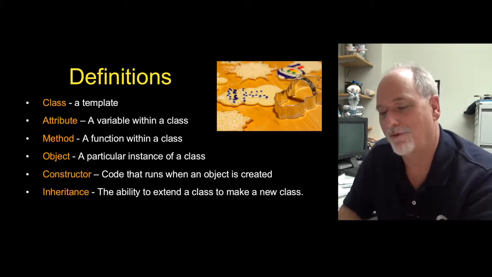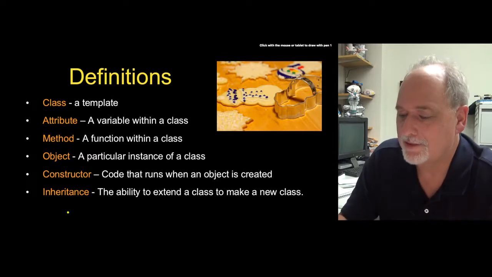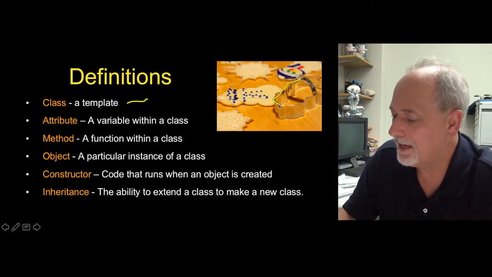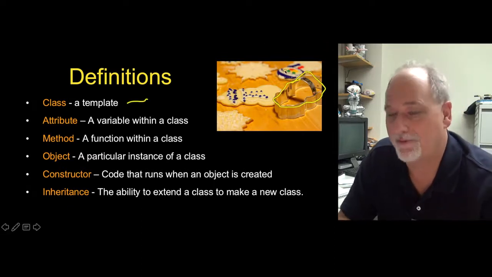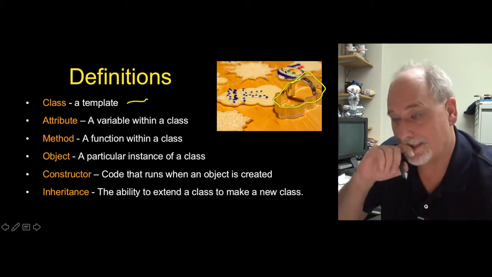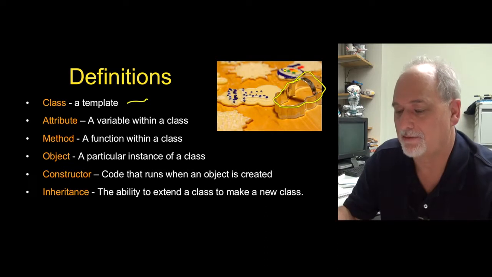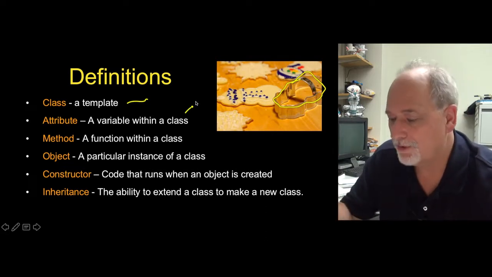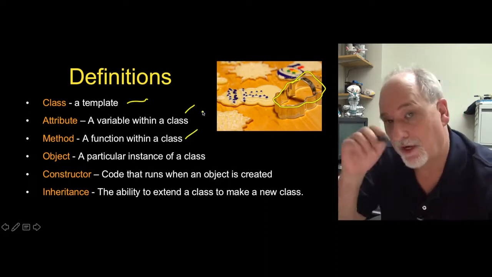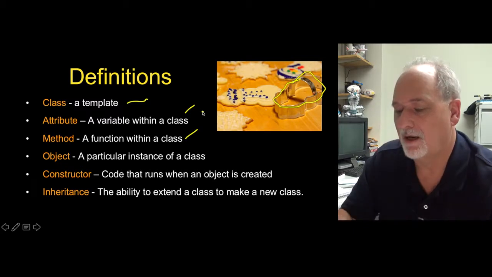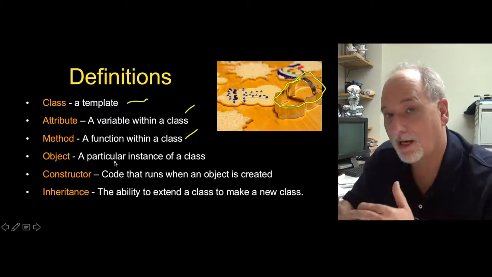So let's just review one last time. Class is a template. It is not actually a thing. It is a shape of a thing. And we define it and say when we make one of these things, it's going to have these variables in it. It's going to have these methods in it. Attributes are variables within a class. A method is a function that's inside of a class. An object is what we get back once we construct a class.